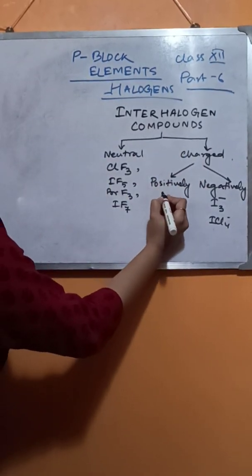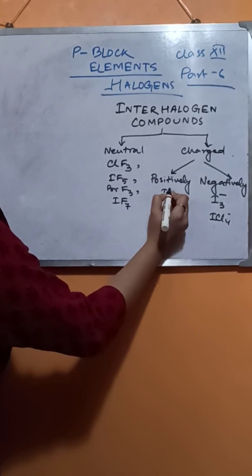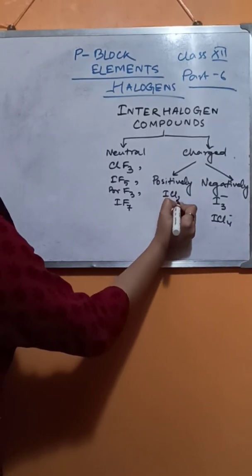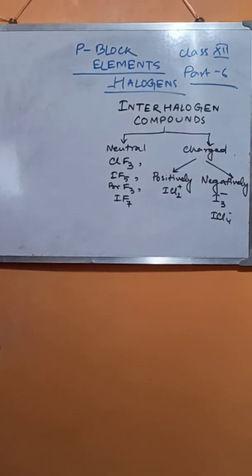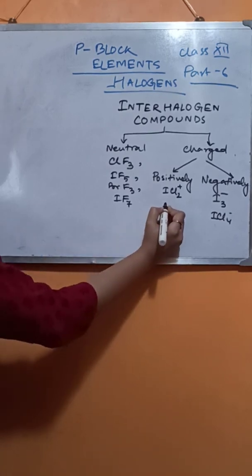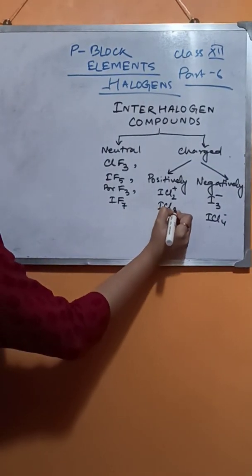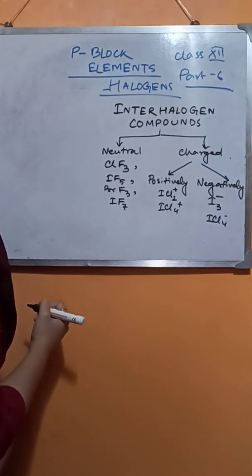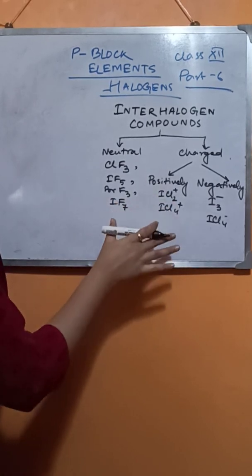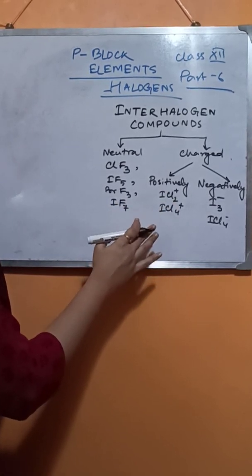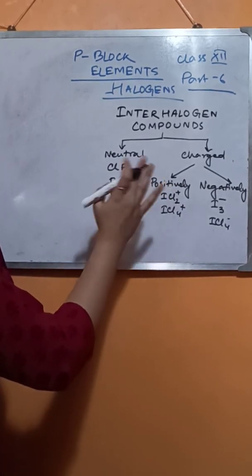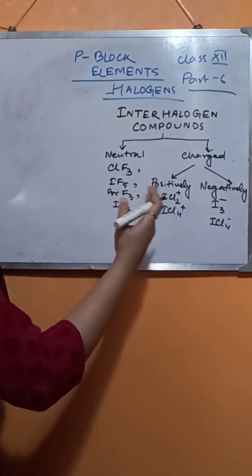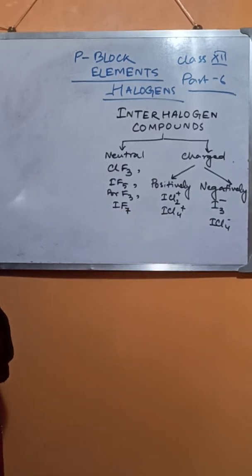Among positively charged, the example can be ICl2 plus, ICl4 plus. There are many other negatively and positively charged interhalogen compounds. So these are basically about the classification of the interhalogen compounds.